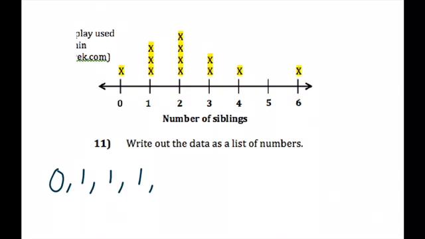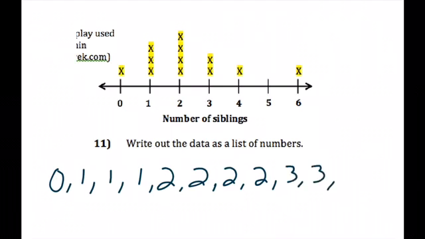I have 4 people that have 2 siblings, so we have 4 twos. And then 2 people with 3 siblings, 1 person with 4 and 1 person with 6. So there's our list of numbers.